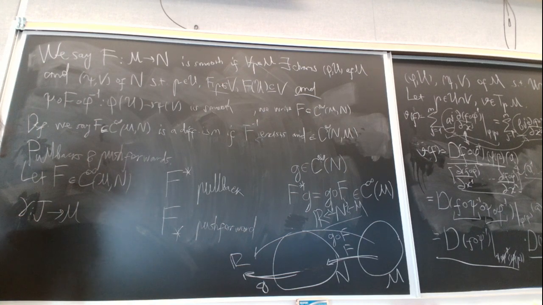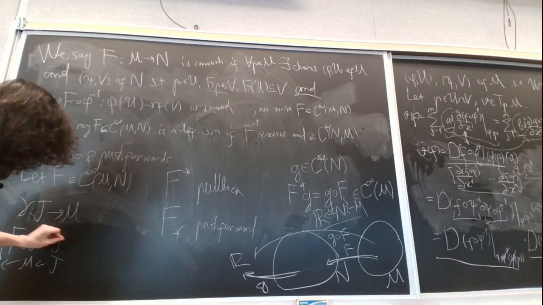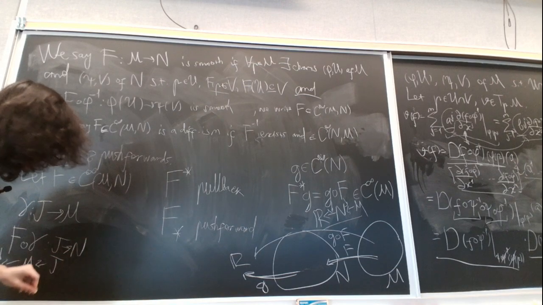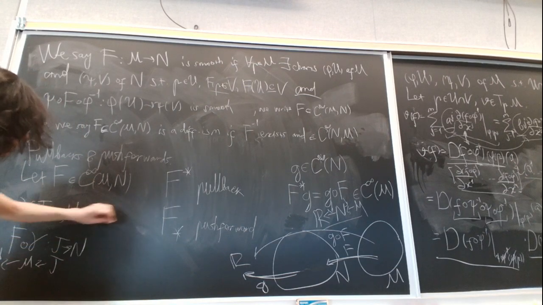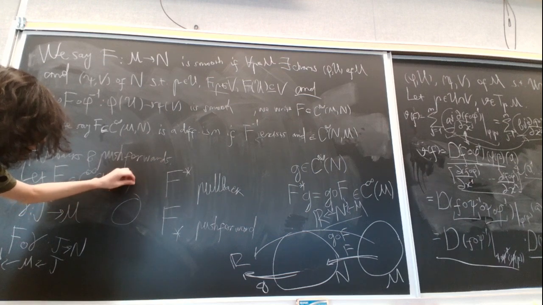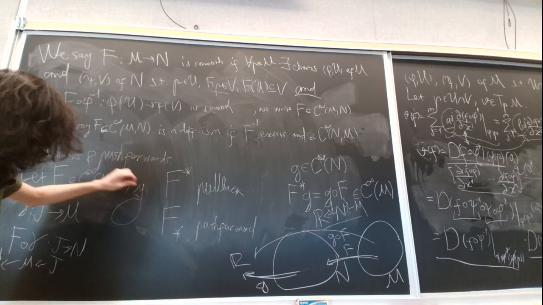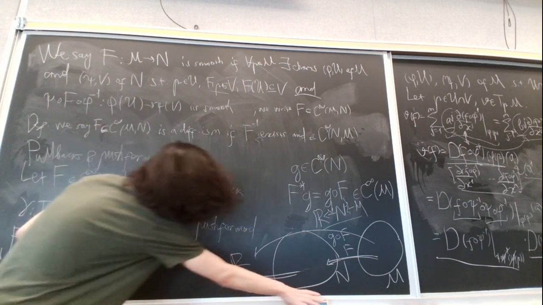Then I can compose it with f, so f of gamma, and this is going to take me from J to M to N, and so this is going to be a curve on N, okay? So similarly, we have, this is M, let's see.